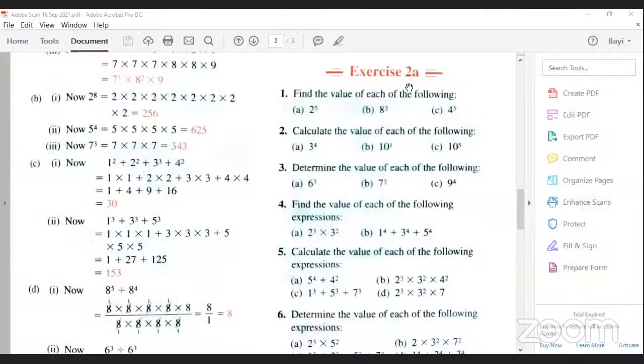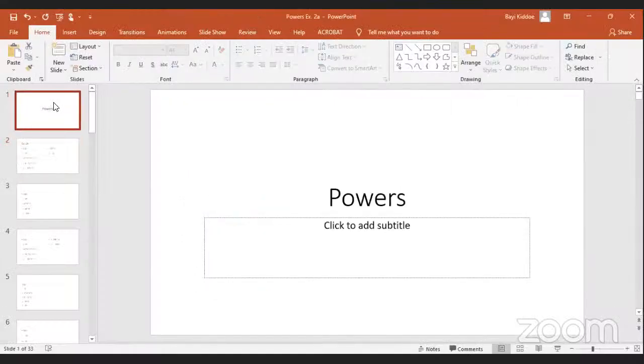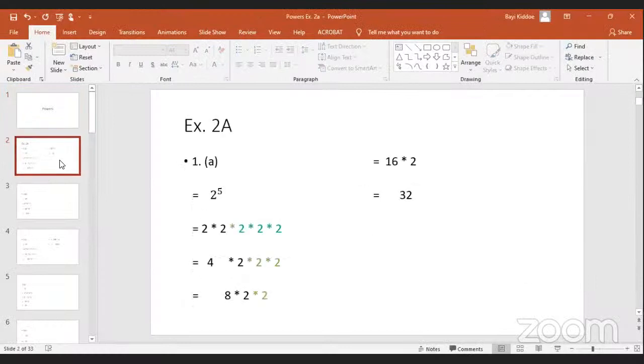All right, so we are doing this exercise 2A here, and we're going through some of the questions. We're dealing with powers, as I told you.